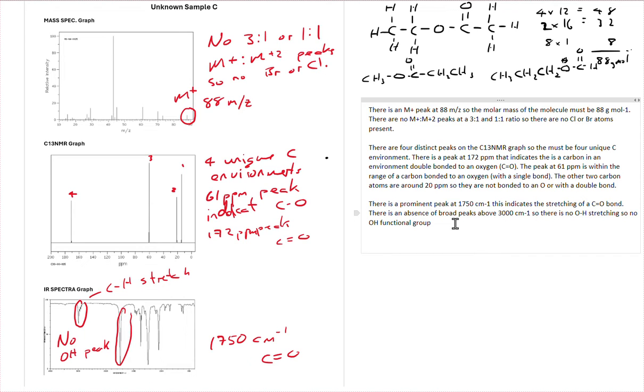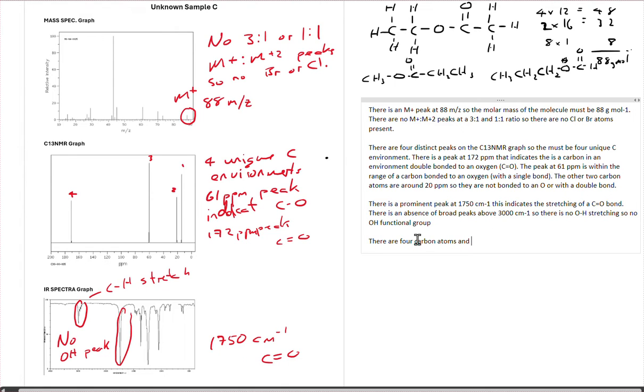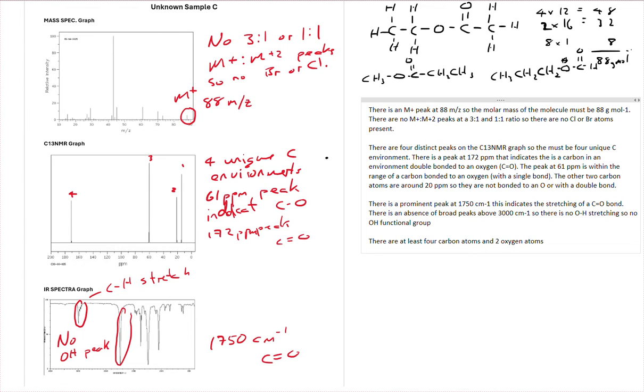So there are, well, sorry, not 4. There are at least 4 carbon atoms and 2 oxygen atoms. So, wait a minute.